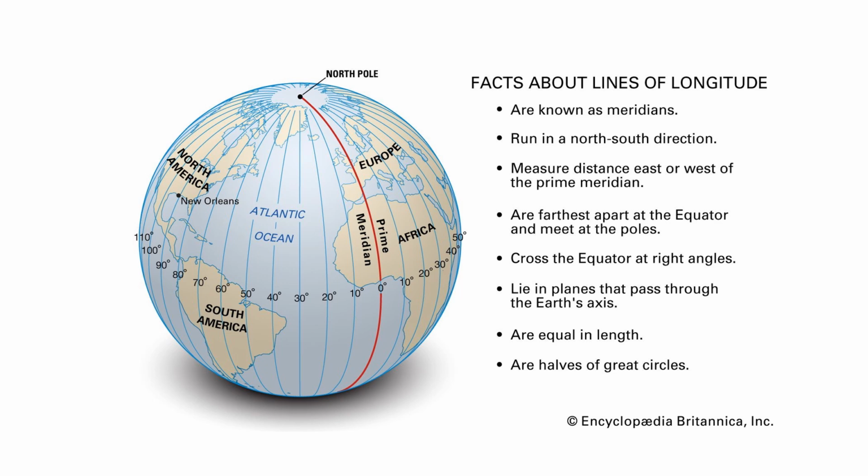So they also have measurements of distance from east to west, and these are measurements taken from the prime meridian, which, as you can see, runs right through Greenwich, and you can actually see the line in Greenwich.